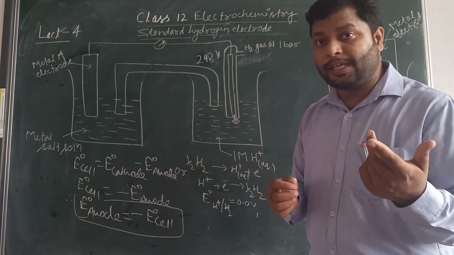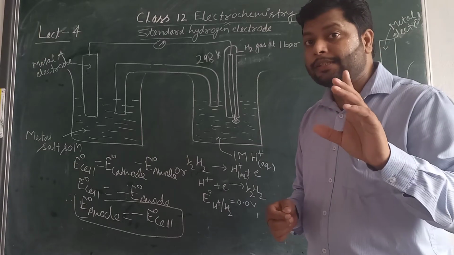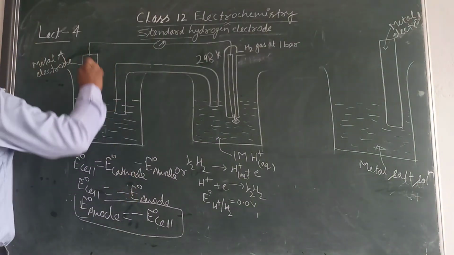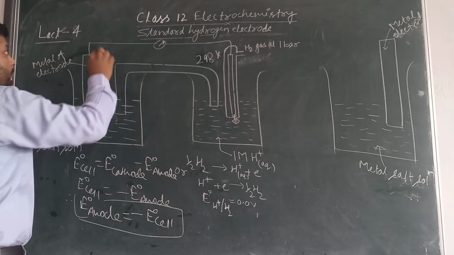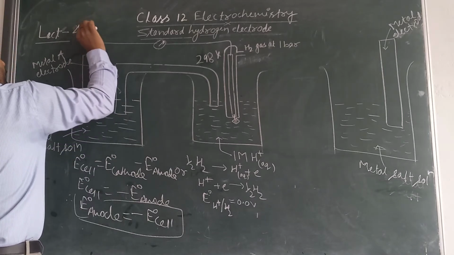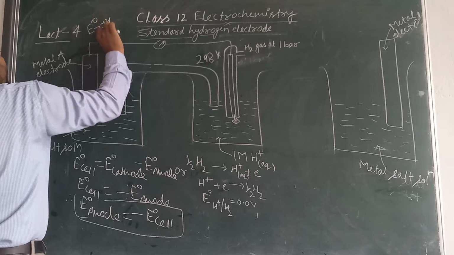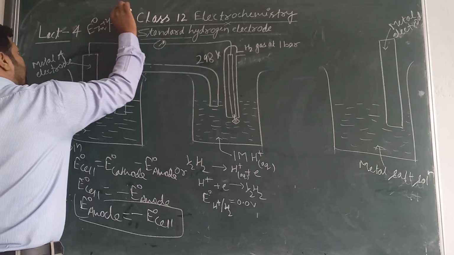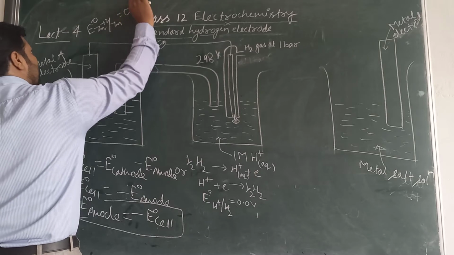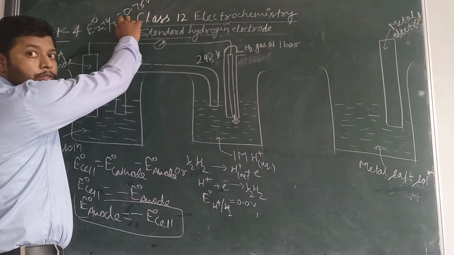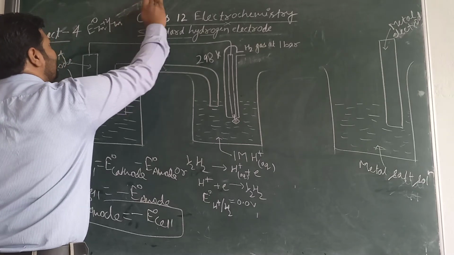The reduction potential of zinc will be minus 0.76 volt. Like this, E naught Zn2+/Zn will be minus 0.76 volt.